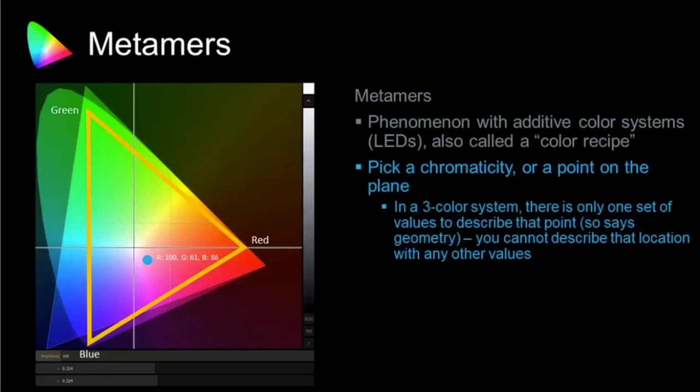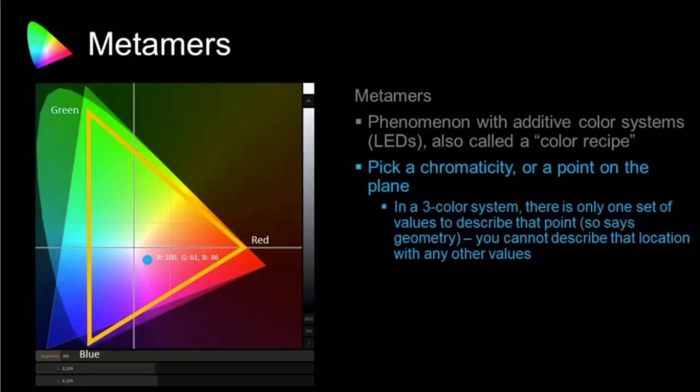Again, remembering that color is actually a 3D space. In a 3-color system, there's actually only one way to get to a point, right? And that's geometry, right? That's basics of a plane. If you have 3 points on a plane, if you were to draw little lines of distance between each of those points, you can't describe the same location with multiple values.